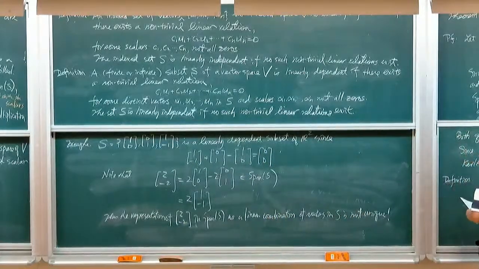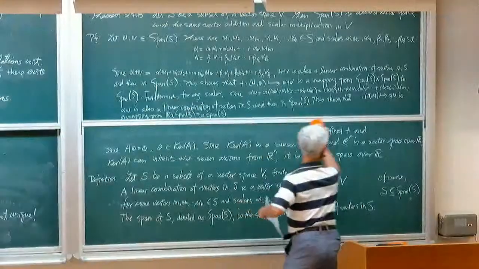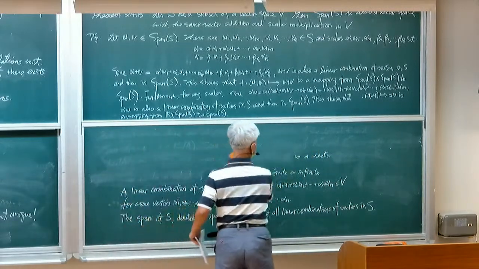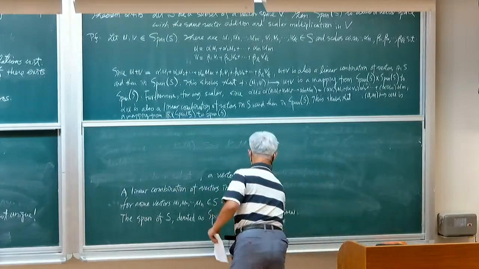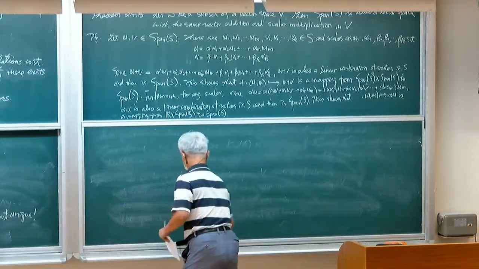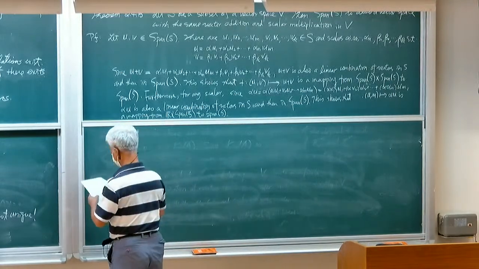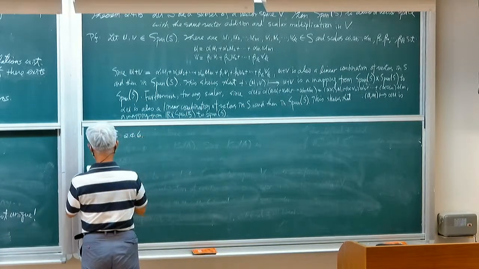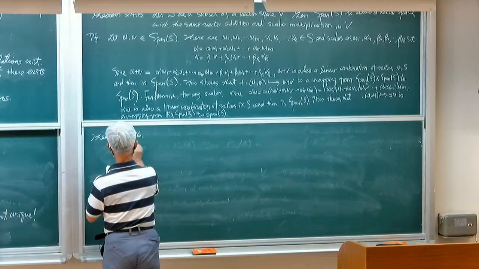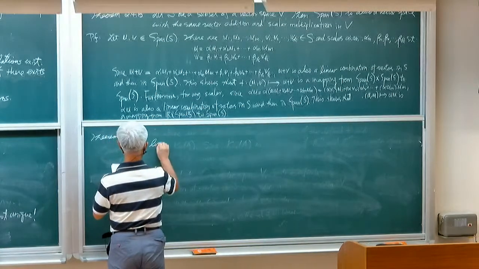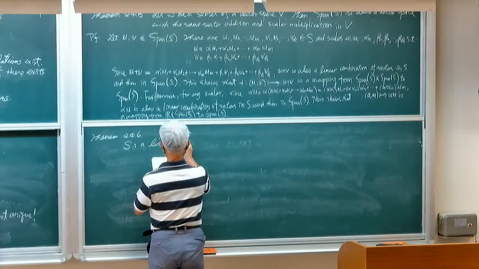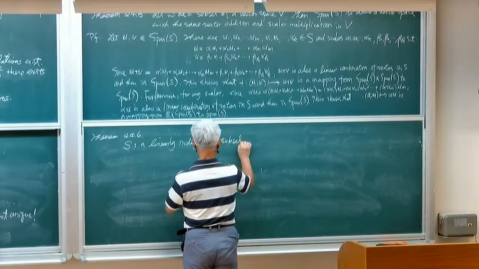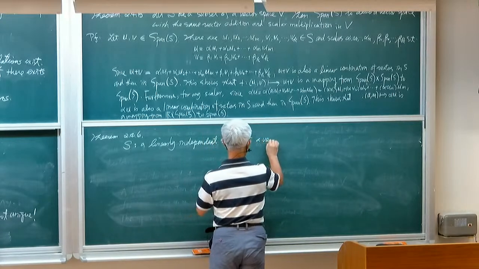So we will show: suppose S is a linearly independent subset of a vector space.